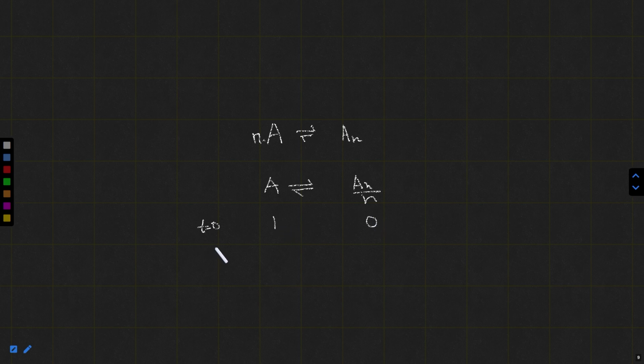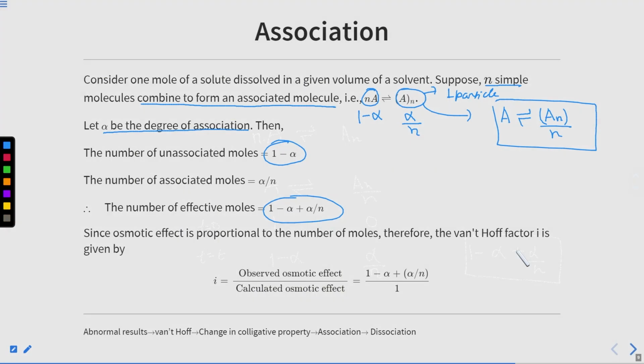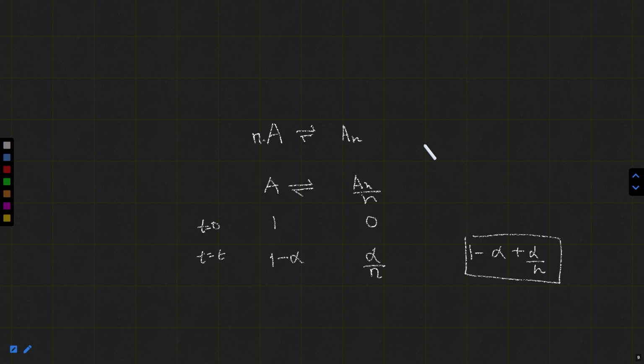Now suppose alpha is the degree of association, or the extent to which our association will take place. Then at time t, at which equilibrium is attained, we get 1 minus alpha, and alpha by n. Now the total number of particles will be the addition of both these two, which is 1 minus alpha plus alpha by n. This will be our total number of particles, that will be i.